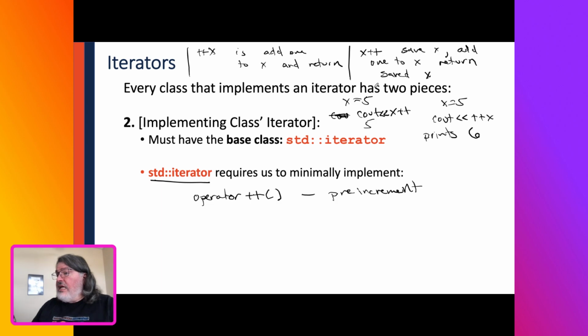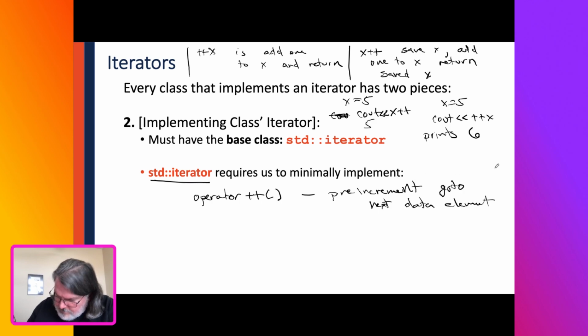But in the case of iterators, we're only required to implement pre-increment. We could implement post-increment. So the pre-increment operator says, go to the next data element. Okay?